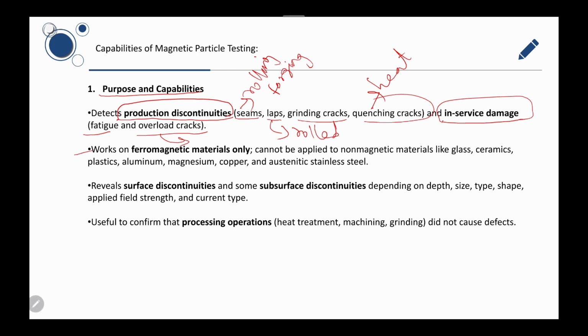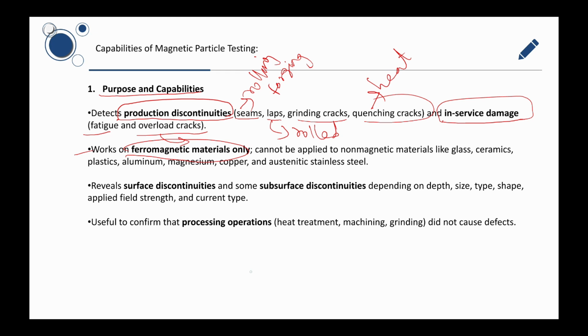MPT is not just about finding any defect. It has specific capabilities that make it powerful. The first one is material restriction. It works only on ferromagnetic materials, metals that can be strongly magnetized.